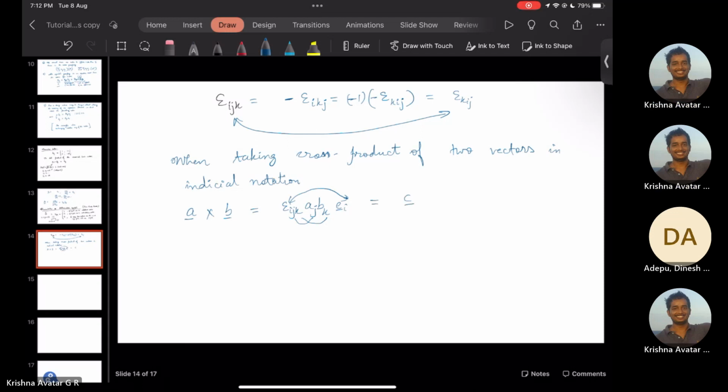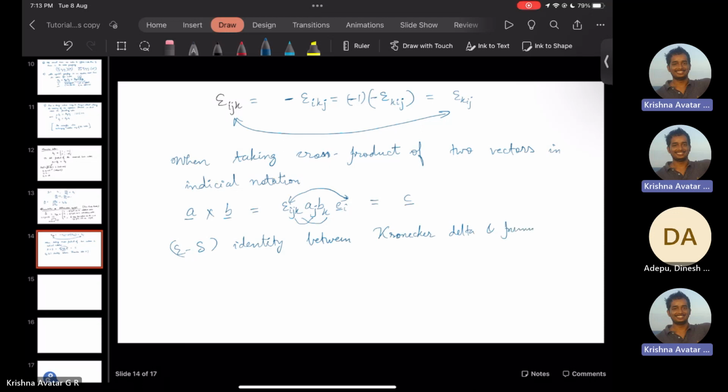Okay, and there is one relation, which we also call the epsilon delta identity, between the Kronecker delta and the permutation symbol. This identity is written as epsilon ijk and epsilon ilm.